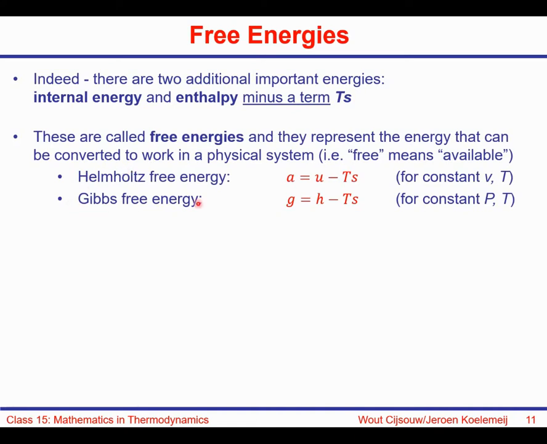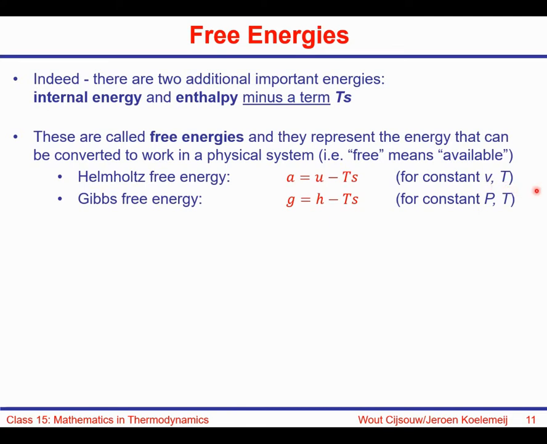The word free here means available, because they represent the energy that can be converted into useful work from a thermodynamic system. It's important to keep in mind that for the Helmholtz free energy, it is assumed that we're looking at processes that take place under constant volume and constant temperature.